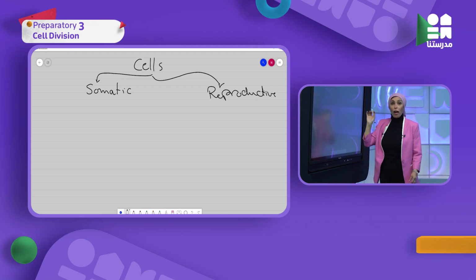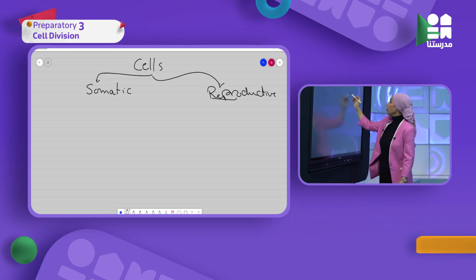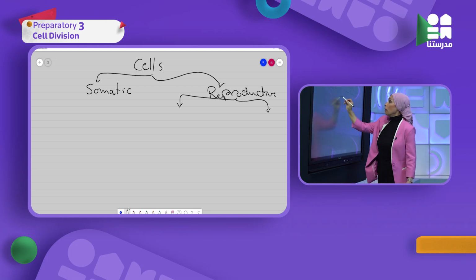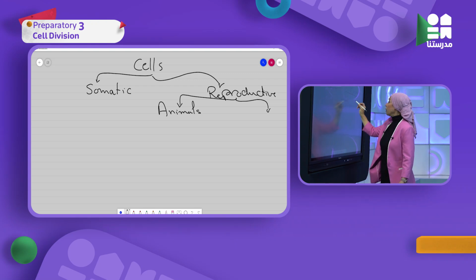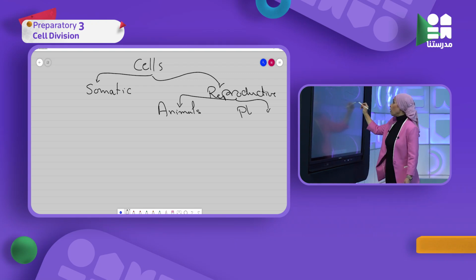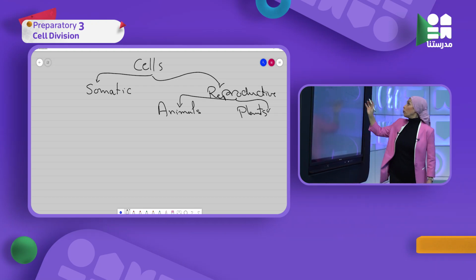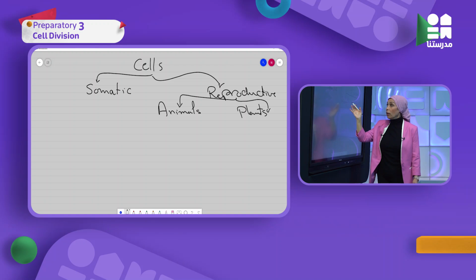What about reproductive? You have to know it well because all the lesson is depending on this part. Reproductive, we have animals, including the human being, and the reproductive cells in plants. They are different.